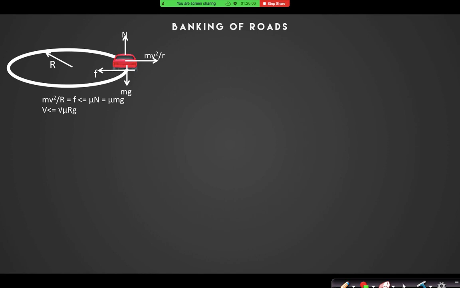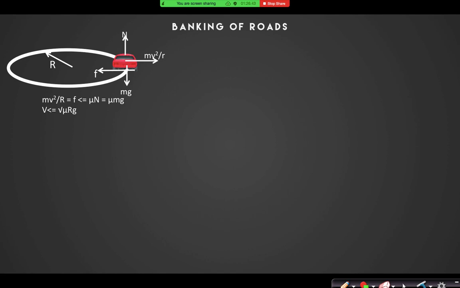Now, in this particular case, suppose the maximum speed we have found is 20 km per hour. If you are in a turn and you are turning on that road with a speed more than 20 km per hour, what will happen? It will move away outward because friction is limited, and in that case mv square by r is greater than the friction force.